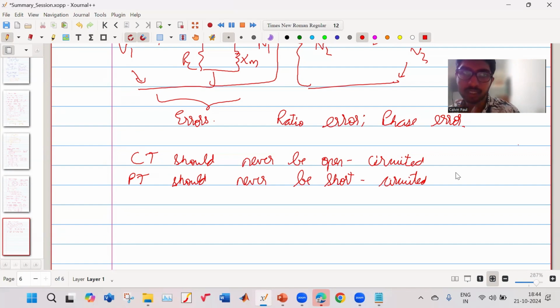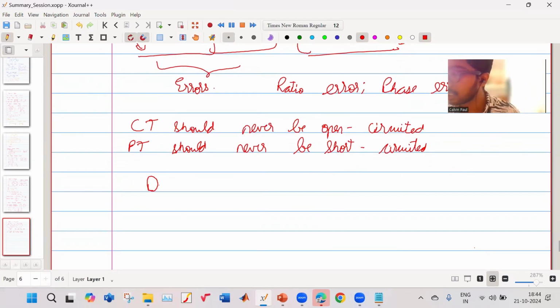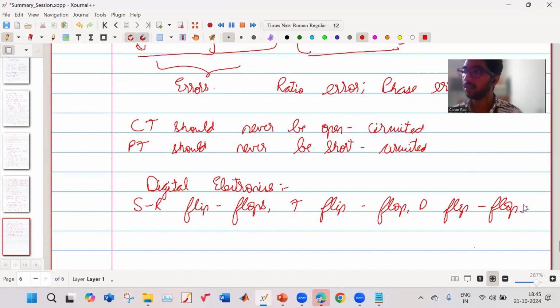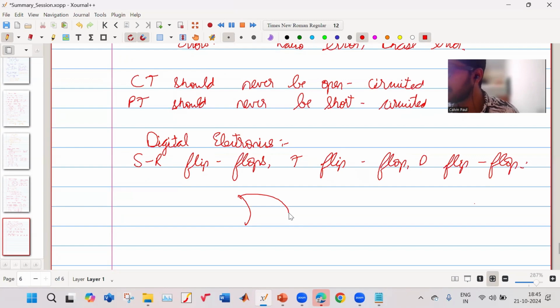Next, after this, we taught things regarding digital electronics. We talked about various flip-flops like SR flip-flop, T flip-flop, D flip-flop, etc. Just the SR flip-flop diagram I will draw.